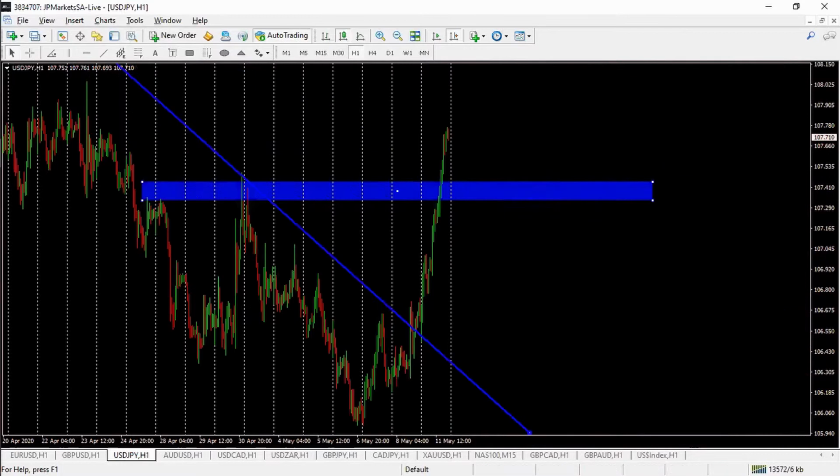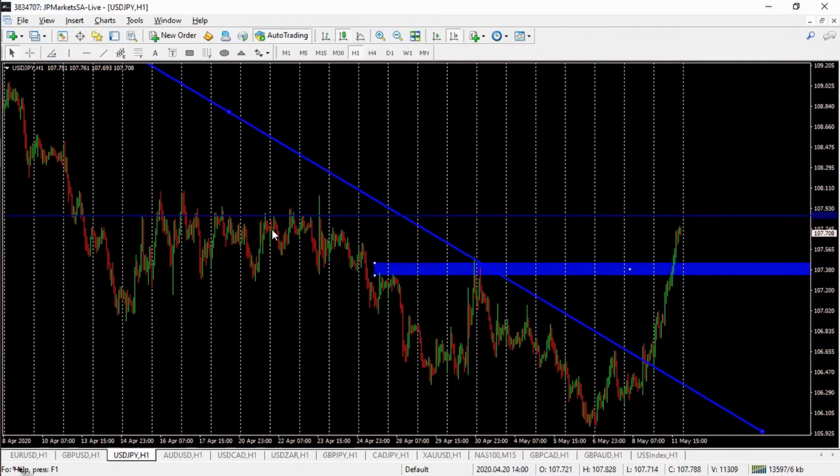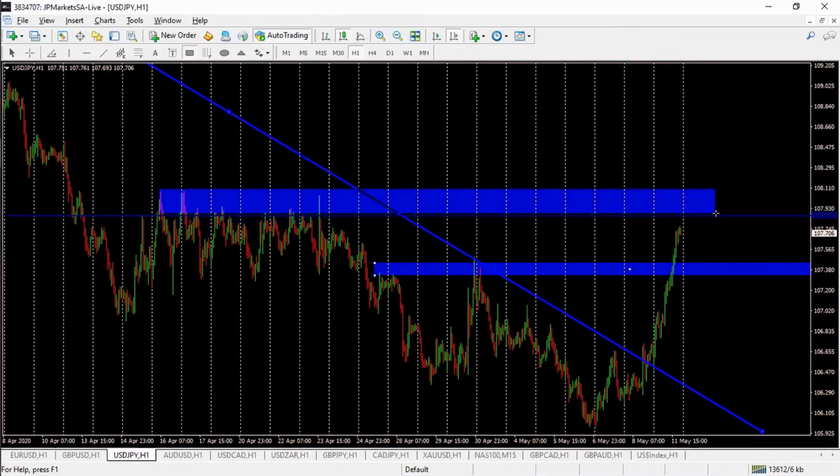All right, now looking at where we are foreseeing this pair going, we can look at this level here. Basically it's a whole structure where we might see a test here and come back.